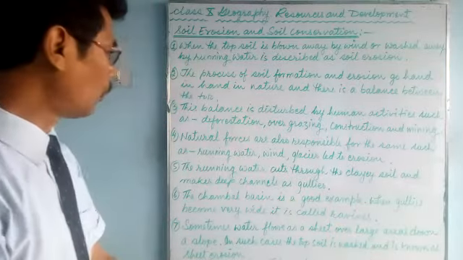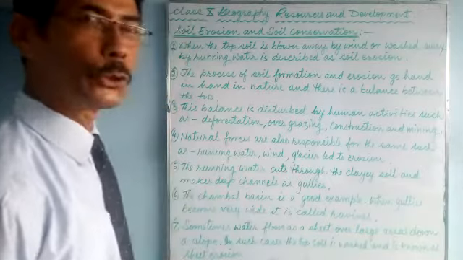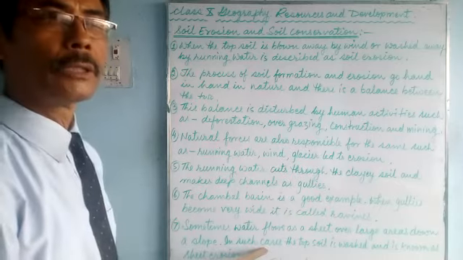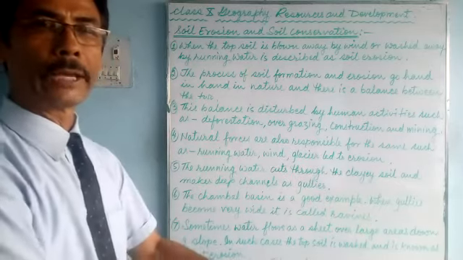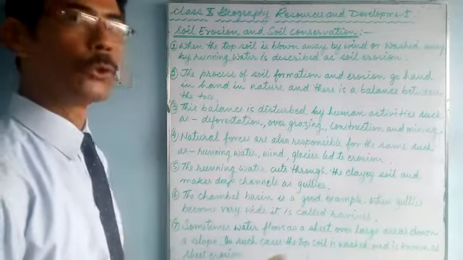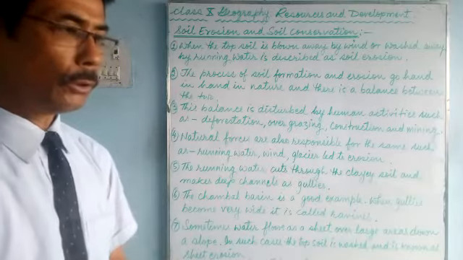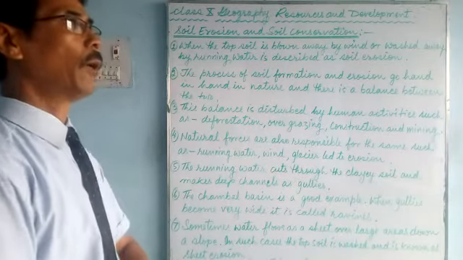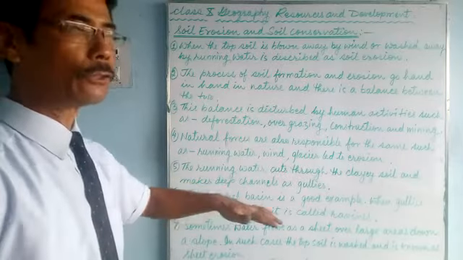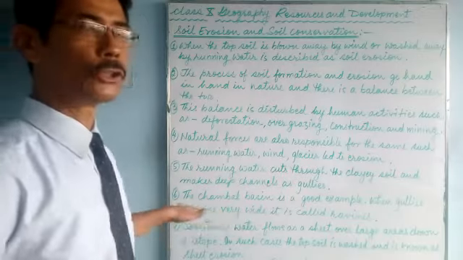Sometimes water flows as a sheet over large areas down the slope, and in such cases the topsoil is washed away from a larger area, and this is also known as sheet erosion. So when the water flows in a sheet over a large area down the slope, the topsoil is washed away. This is also called sheet erosion.